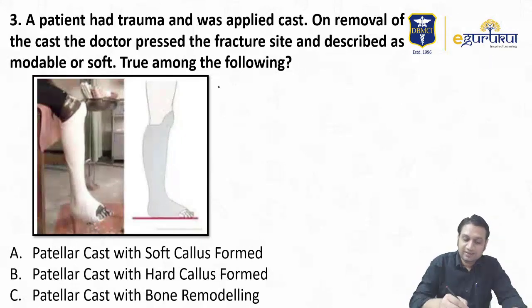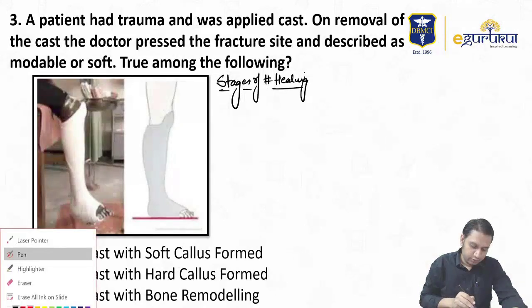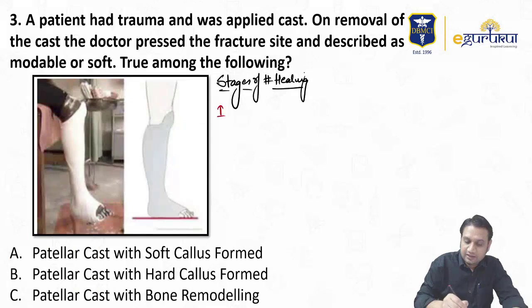Okay, so what are the stages of fracture healing that we must know? So different stages of fracture healing are, the first stage is what you call the stage of hematoma, immediately after injury, within a few minutes.